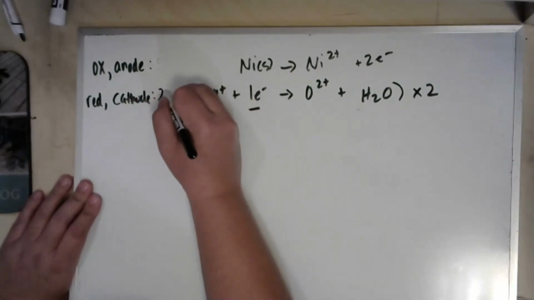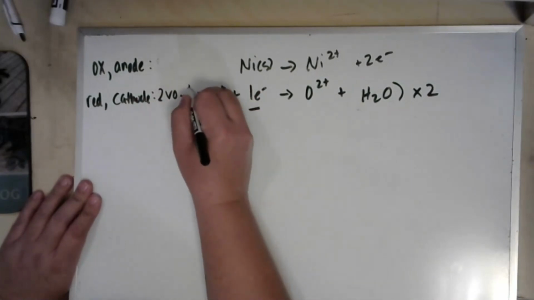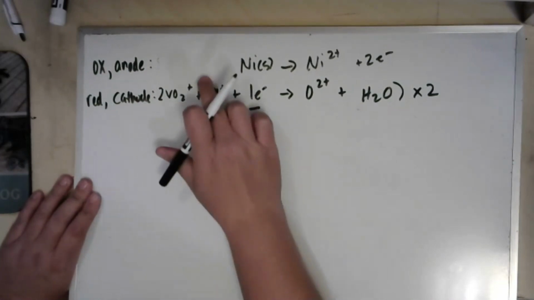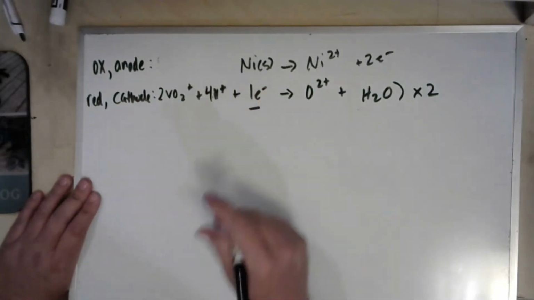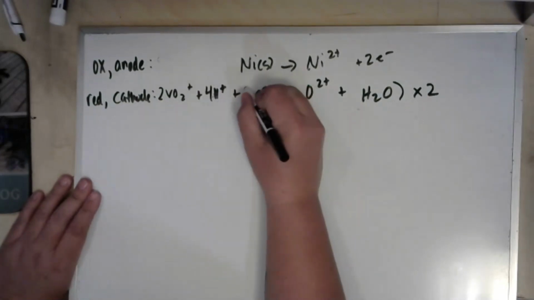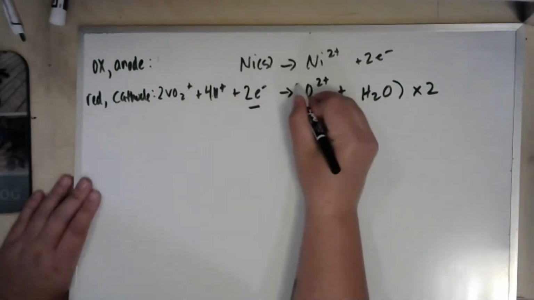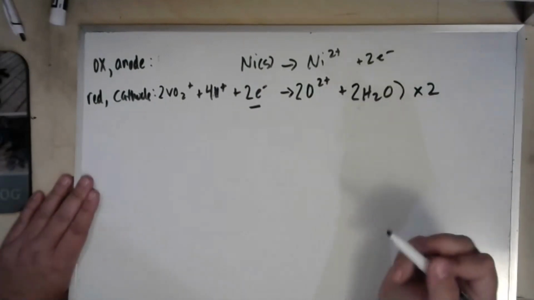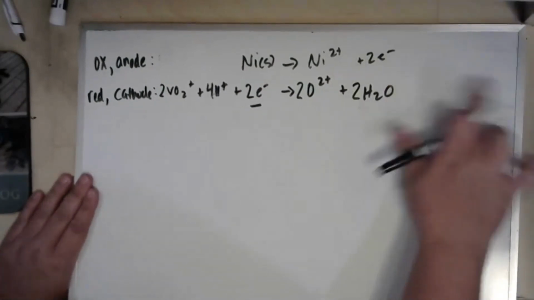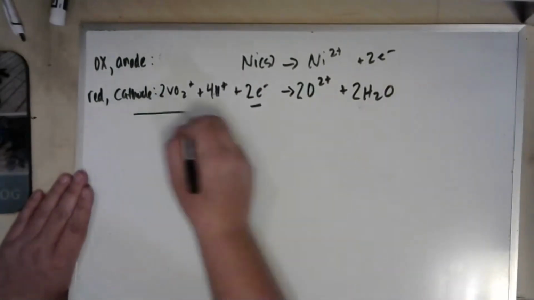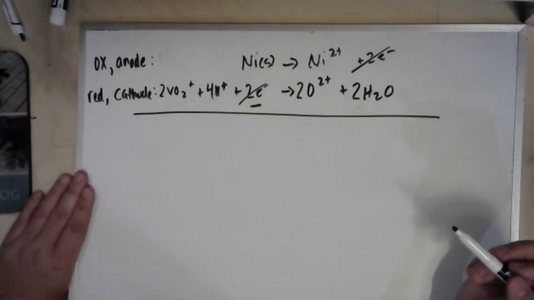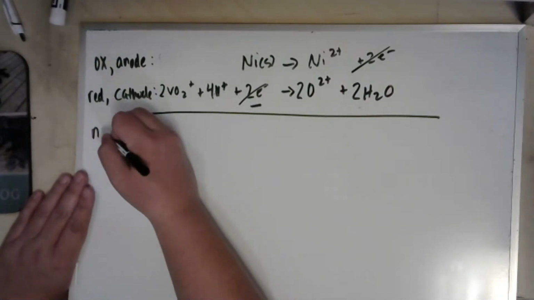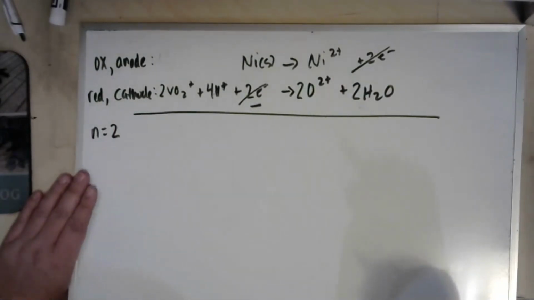So we're going to have 2 VO2 plus 4H plus 2 electrons, 2 of these, and 2 of these. Okay, and now I can add these together. My electrons are going to cancel out, so my n value is going to be 2.